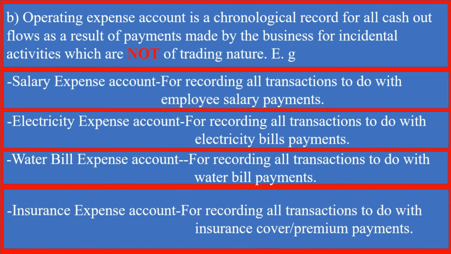And lastly, we have the insurance expense account, which is used for all transactions to do with insurance cover expenses such as premium payments. So look at all those. They are good examples of operating expense accounts that businesses normally undertake.